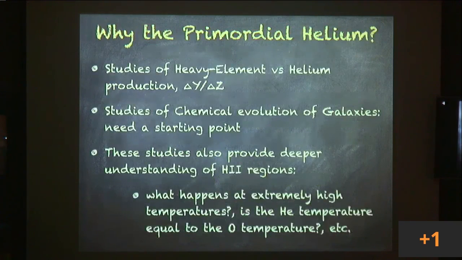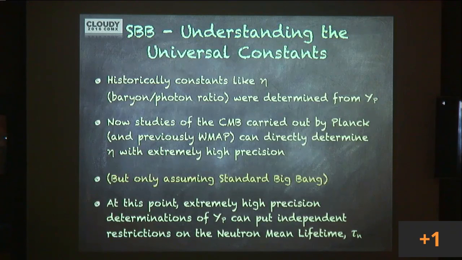So, understanding the universal constants: historically one would look for the baryon to photon ratio by looking at YP, but nowadays the satellites do a much better job than us at doing that, so it's out of fashion. But we can still put constraints on things like the neutron mean lifetime and things like that.